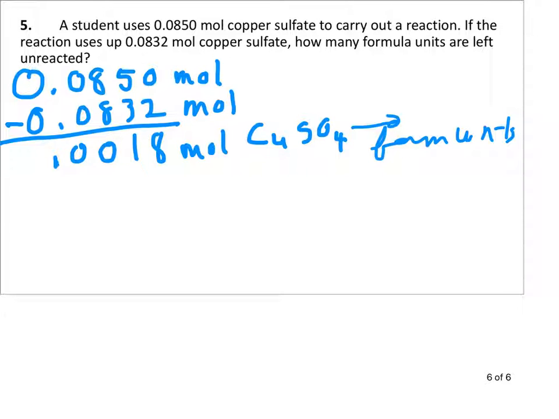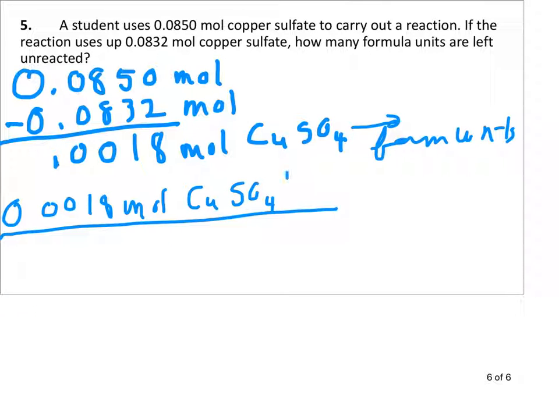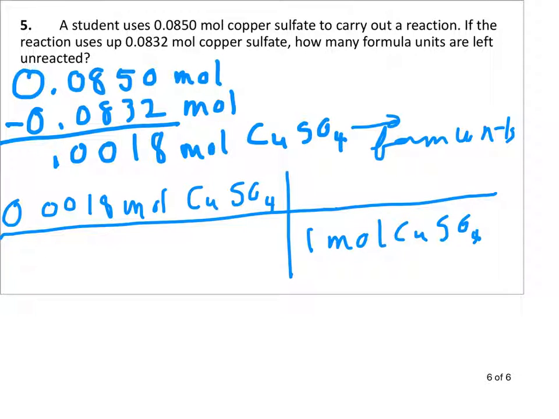So we take our 0.0018 moles of copper sulfate and then 1 mole of copper sulfate. We have 6.022 times 10 to the 23rd units of copper sulfate, formula units.